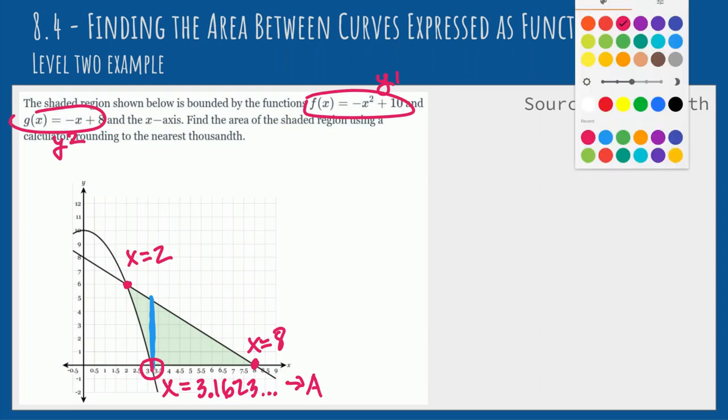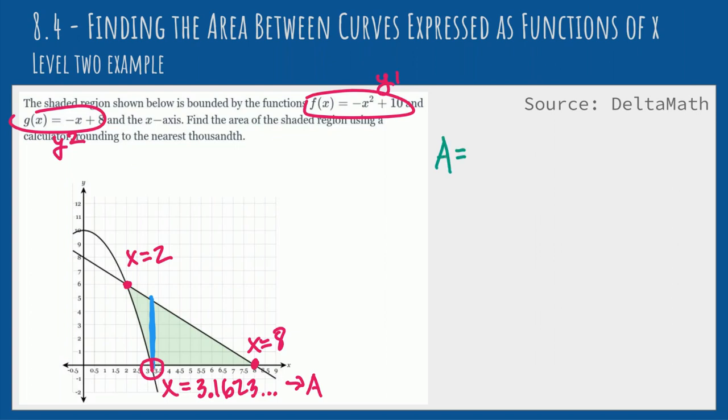So I'm going to go ahead and set up my integrals here. So the area of the whole thing is going to be the integral from x equals 2 to x equals a. And I'm just going to use a here because I did include in my work that a is equal to that 3.162 and so on.